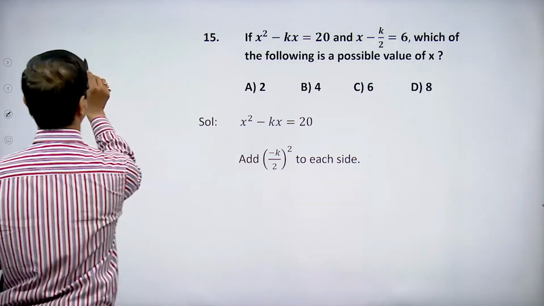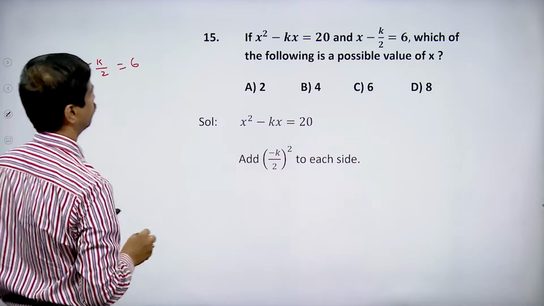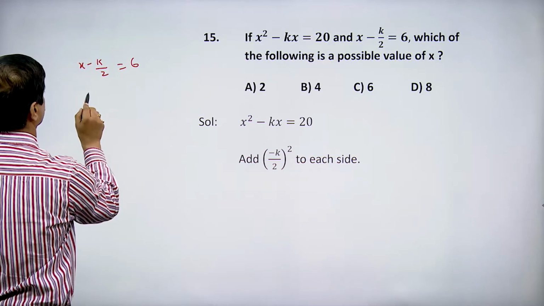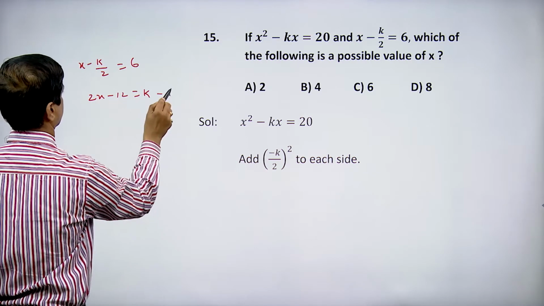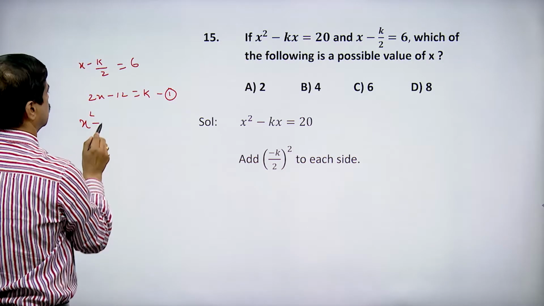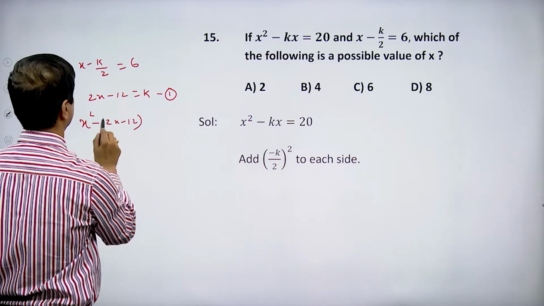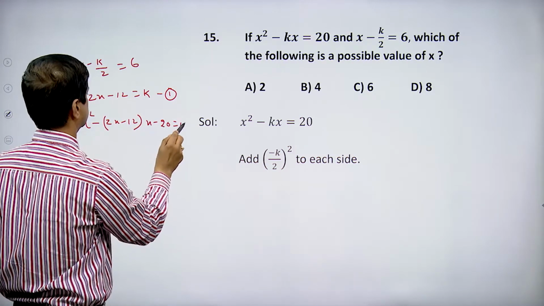So x minus k by 2 equal to 6. So what is k from here? Take this to the right and this to the left. So k is 2x minus 12 equal to k. Substitute that in the first equation. x square minus k, which is 2x minus 12, into x minus 20 equal to 0.